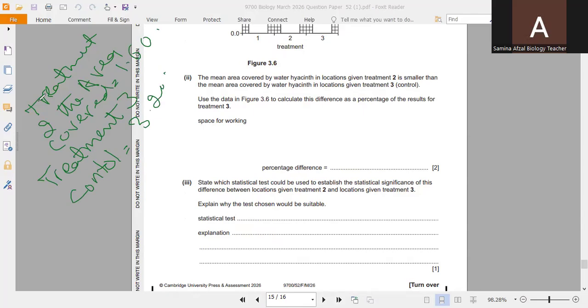So we are using these two values to calculate the percentage difference.